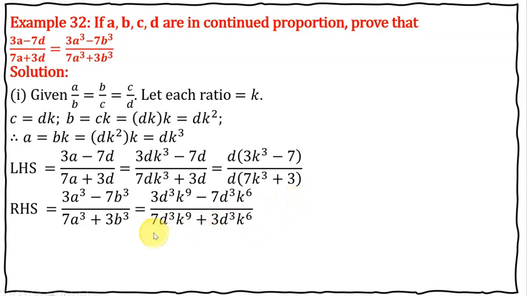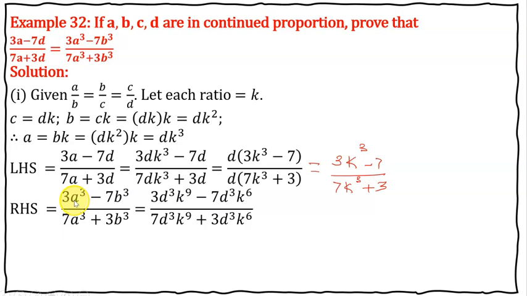Finally here you will have 3k³ minus 7 upon 7k³ plus 3. Similarly, for the RHS, that is (3a³-7b³)/(7a³+3b³).